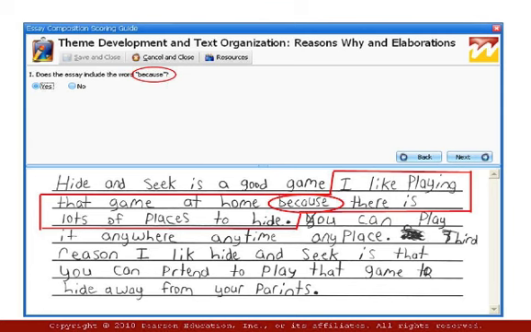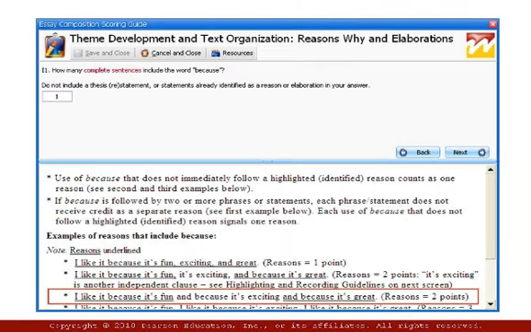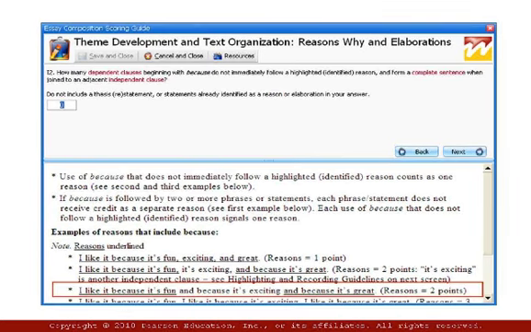Then it's going to ask me to elaborate on this. How many sentences include the word because? 1. Again, if I'd identified that as a reason before, I wouldn't be looking at it here, but I have not. And then the next one is, how many dependent clauses beginning with because do not immediately follow a highlighted reason?